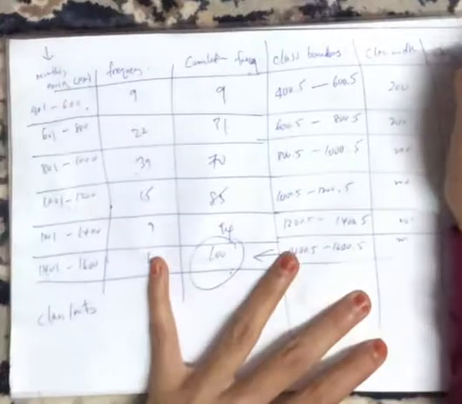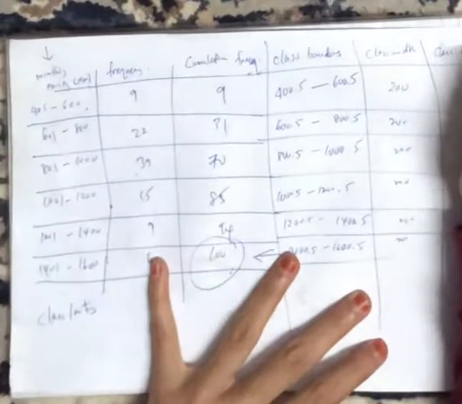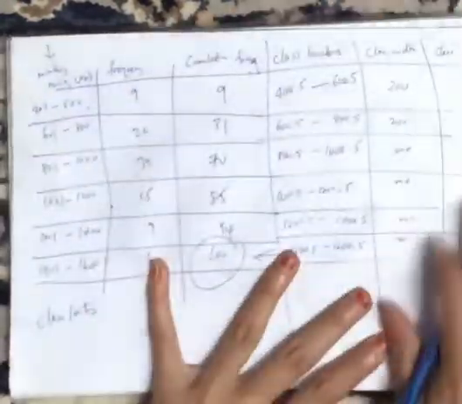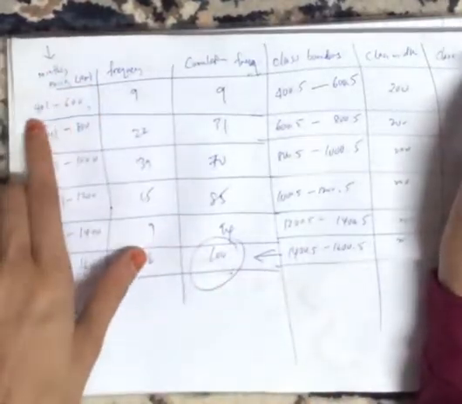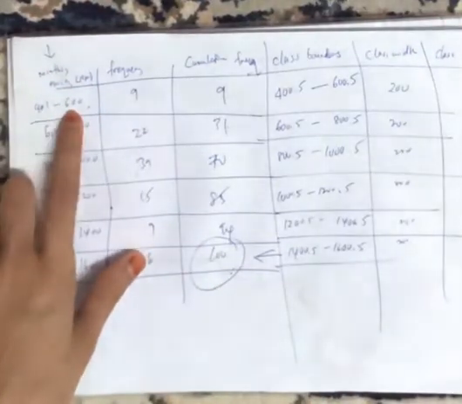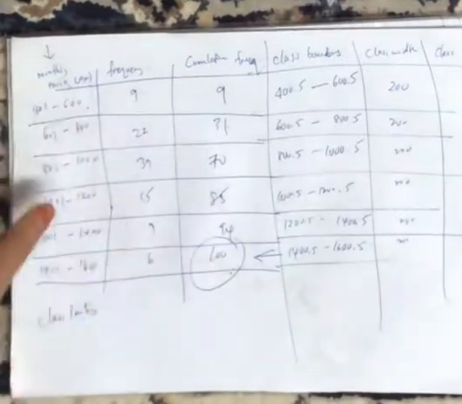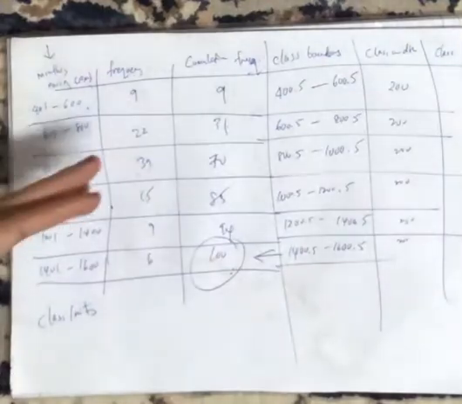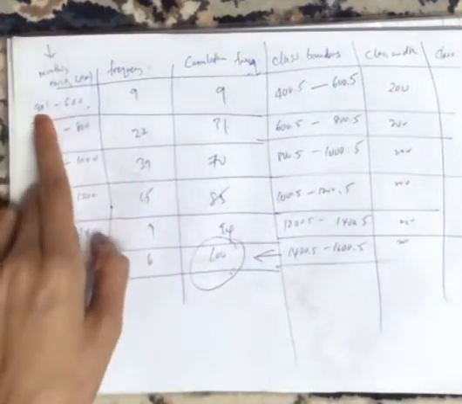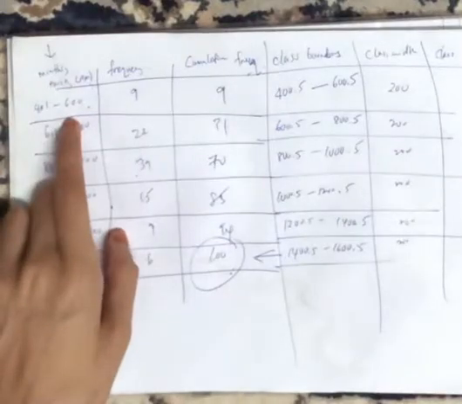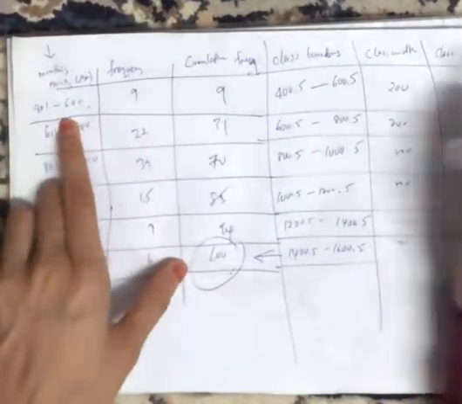Okay, the next one, class midpoint. Class midpoint is the midpoint of each class. For example, 401, 600. So midpoint here is given by lower limit plus upper limit divided by 2. So you plus 401 plus 600 and then divide by 2.